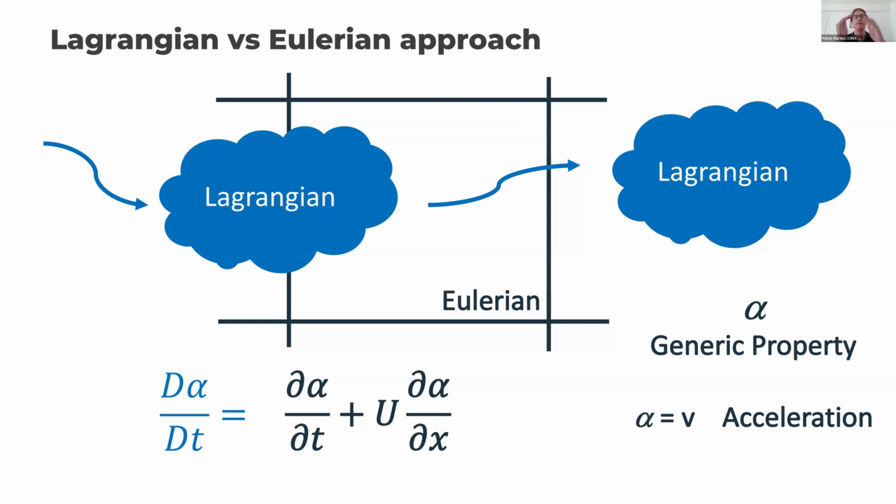So our model will have computational cells, and this piece of the space is a computational cell. So whenever you see these two terms, the derivative in time, the temporal variation, and the advective variation, you know this is equivalent to a movement of a Lagrangian portion of fluid, okay?